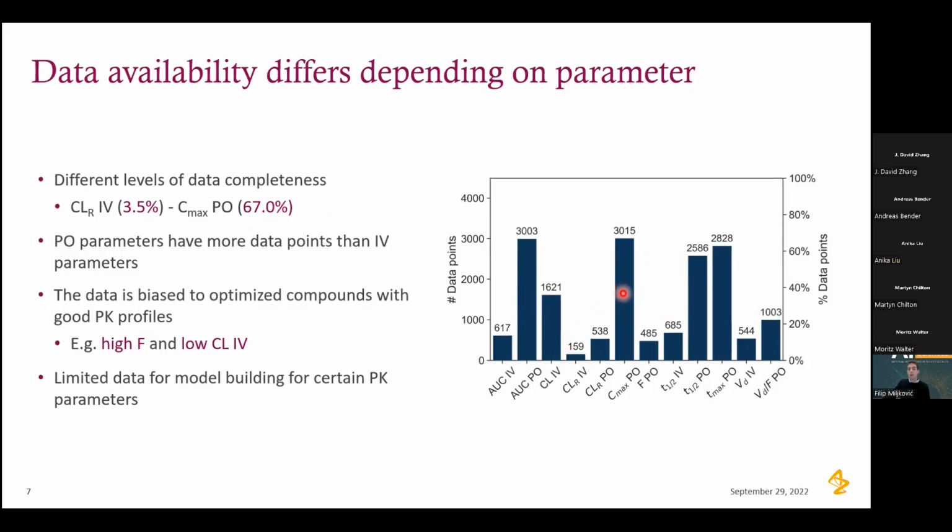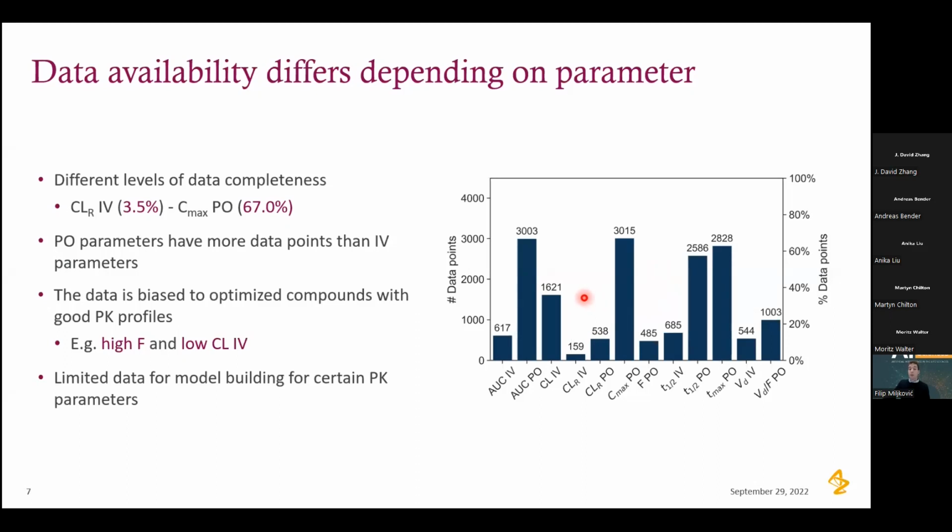And here we can observe trends that are fairly obvious in drug discovery. So, for example, the PO parameters were more frequent than the IV parameters, and this is largely due to having drugs developed for oral administration purposes. Some of the data, such as the bioavailability and the clearance, were biased towards the optimized values.